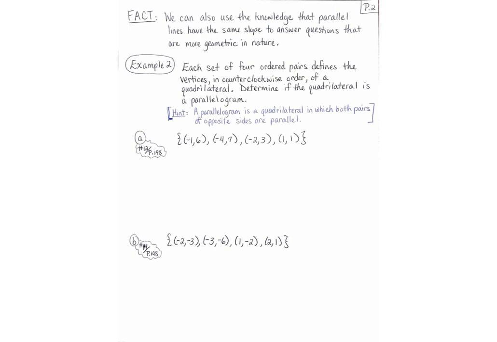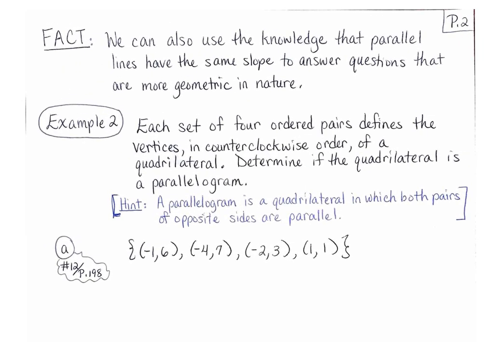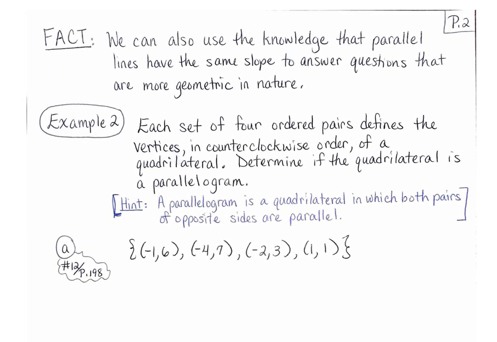Note, we can also use the knowledge that parallel lines have the same slope to answer questions that are more geometric in nature. So each set of 4 ordered pairs defines the vertices in counterclockwise order of a quadrilateral. What do we mean by counterclockwise?